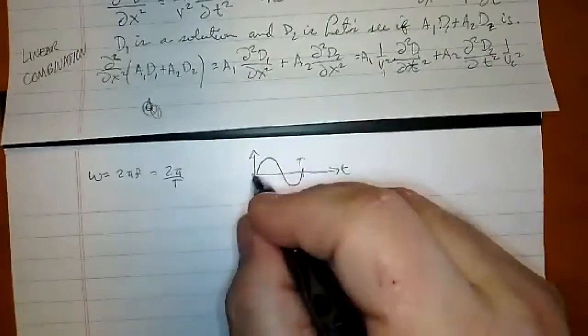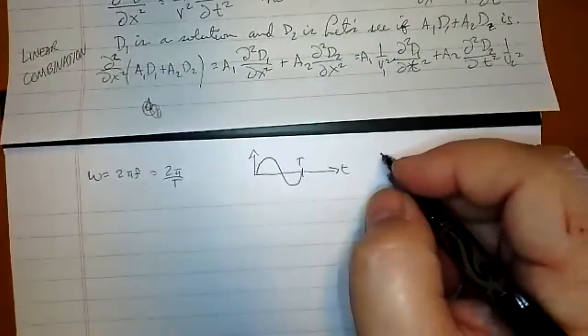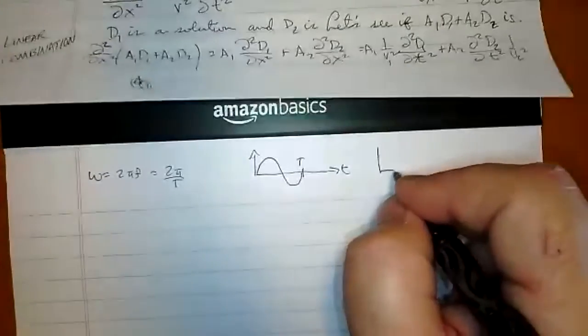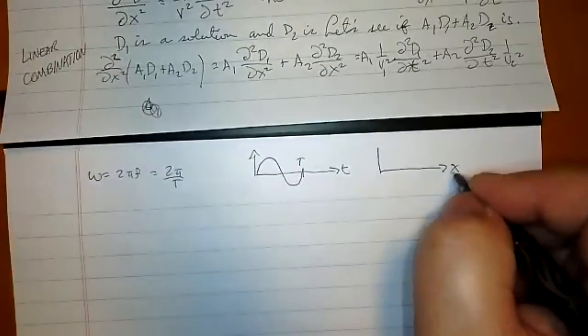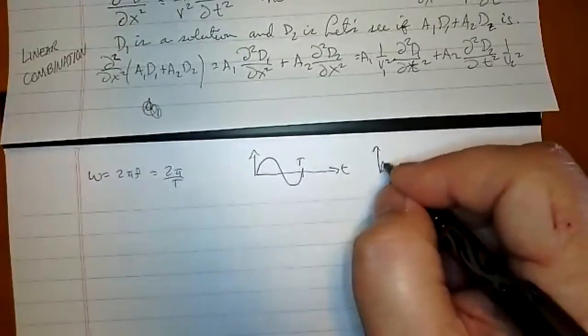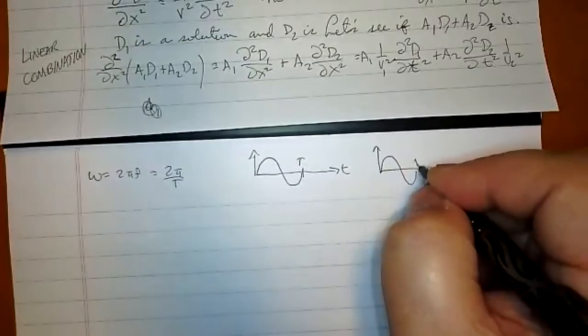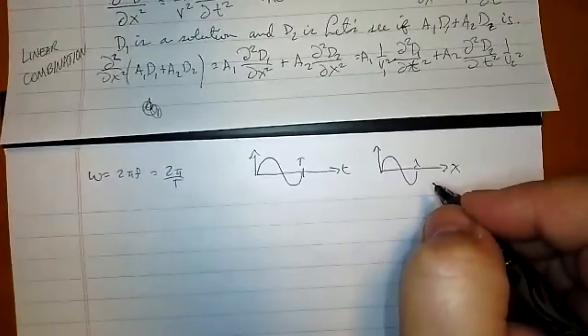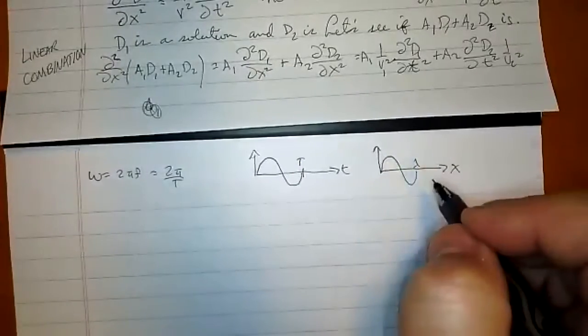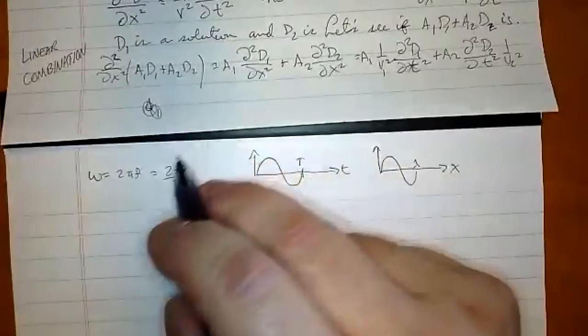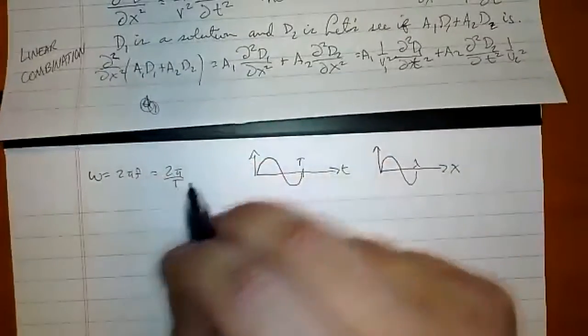That's the period from here to here. Similarly, in space, you have the length of the period as the wavelength, right?